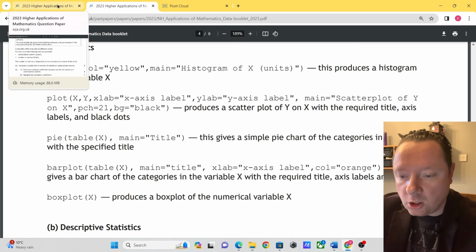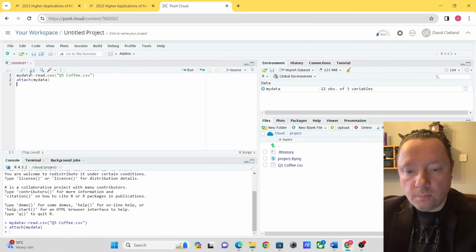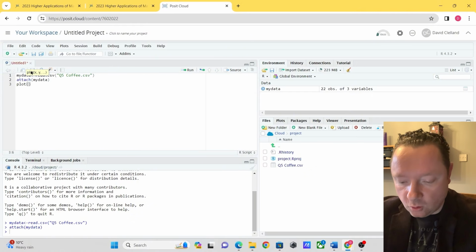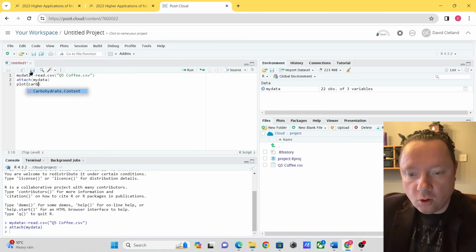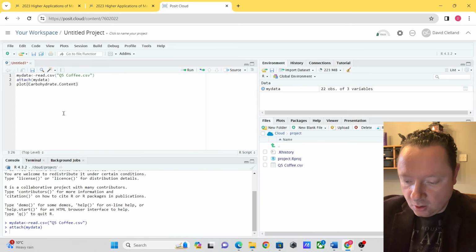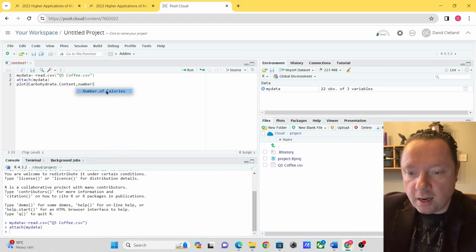which are carbohydrate content on the X and number of calories on the Y. So plot, and then it's XY. So X is number of calories on carbohydrate content. So you write carbohydrate content first, carbohydrate.content, just click it, comma, number, just start typing it, and it comes up of calories.